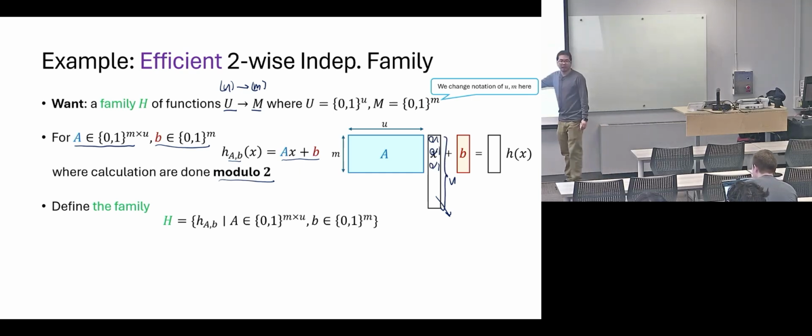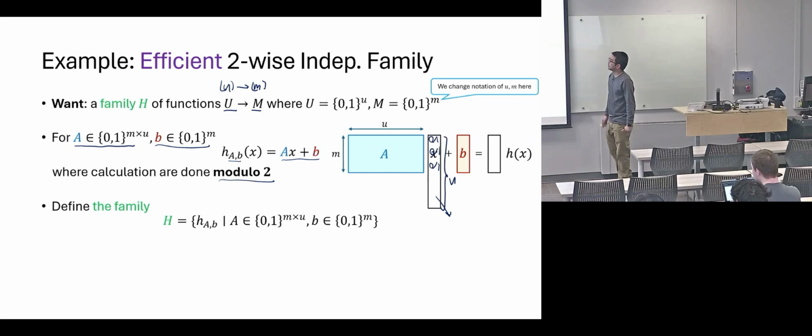Make sense so far? This is just a matrix. Each element is from 0, 1, and the dimension is m times u. b is a vector of dimension m. And for any given hash function in that family, A and b are constants, right? Yeah. Okay.